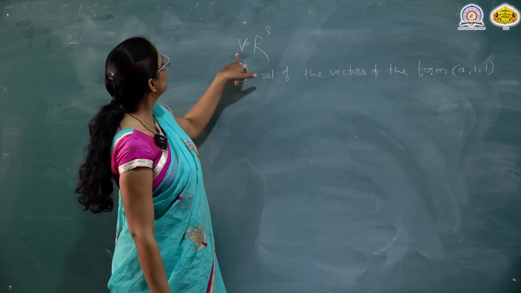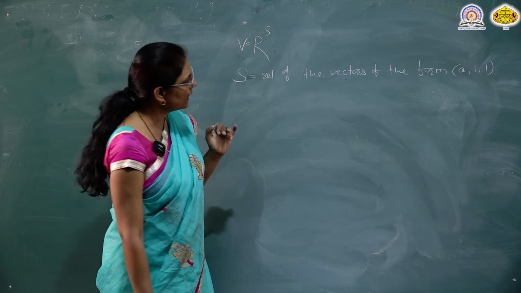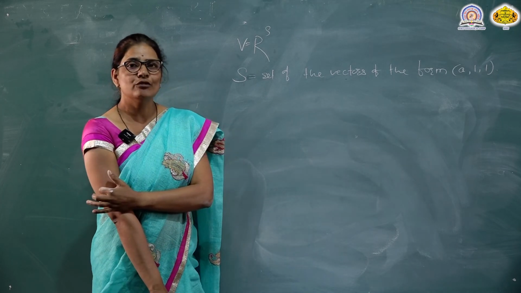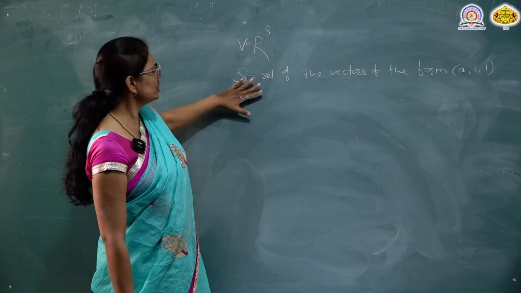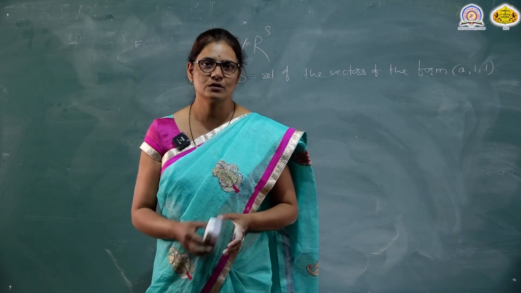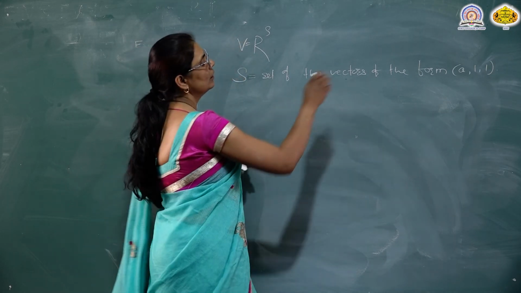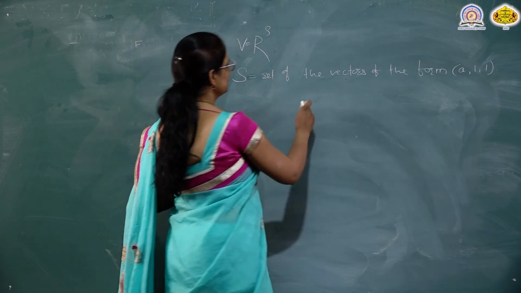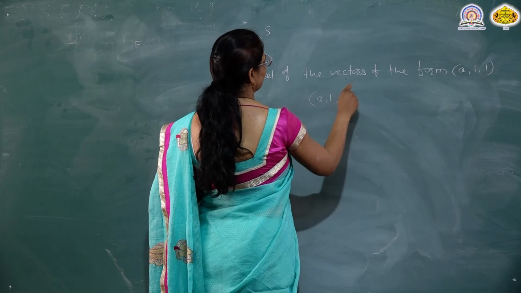Take V equal to R3. S is the set of all vectors of the form (a, 1, 1). Here a is a real number. So we check whether it is a subspace or not. For that we check whether it is closed for addition or closed for scalar multiplication. So I consider one element from S, suppose (1, 1, 1).